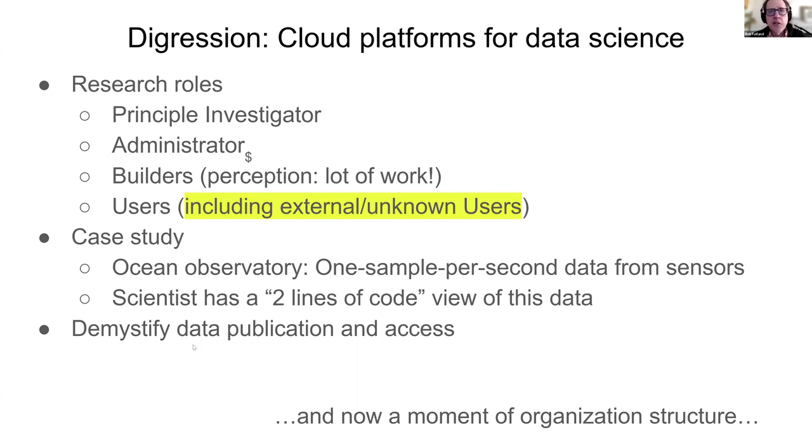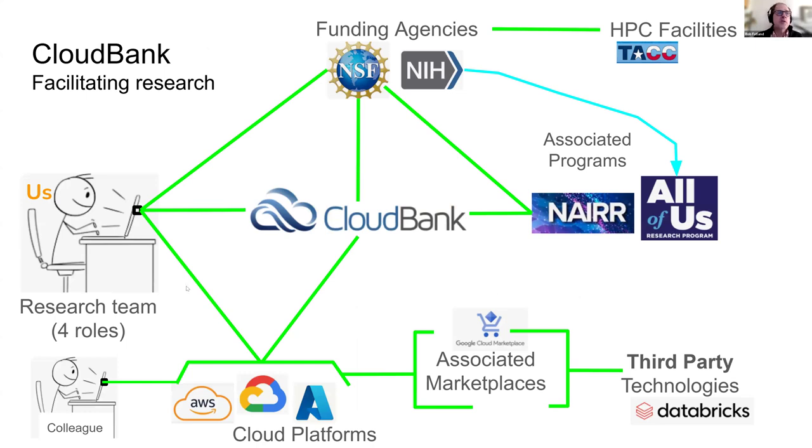And now a further digression into organizational structure. This rather busy diagram has a representation of us as a research team with those 4 roles over on the far left. And CloudBank is central to this diagram because we're trying to emphasize that CloudBank is coordinating the research team and the cloud vendors, which are indicated down below in this lower center left as Amazon Web Services, Google Cloud, and Microsoft Azure, but there are, of course, other clouds as well.